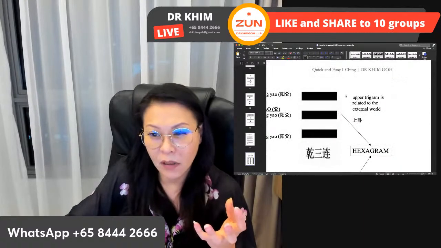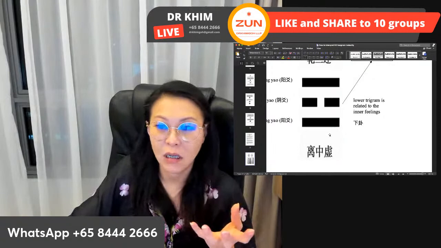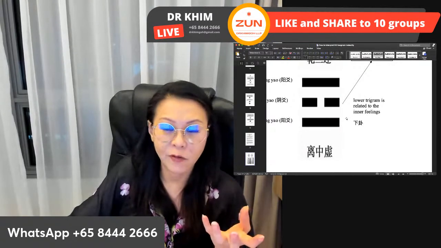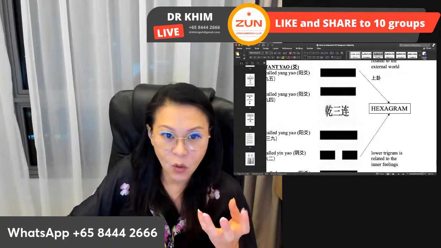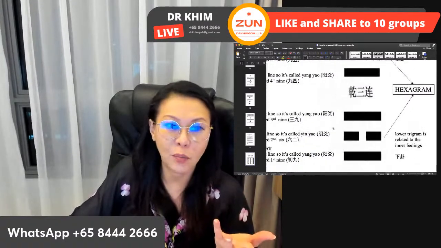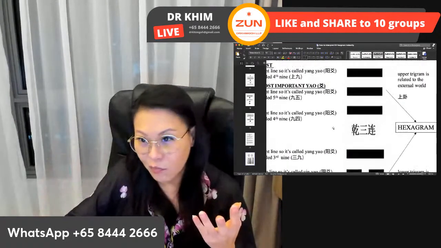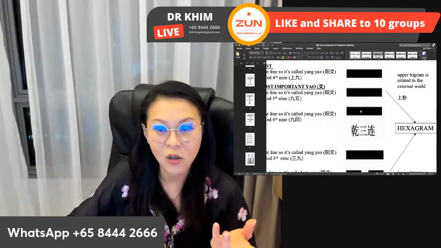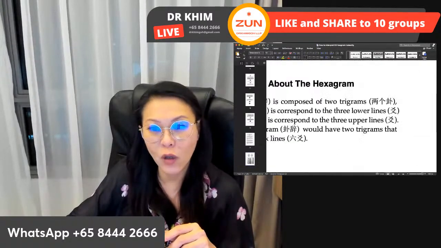Then I talk about the upper trigram and the lower trigram. What does it mean? How does it relate? So when you see a quad, 乾卦, how are you going to interpret it without memorizing? Just by looking at the lines, you will really know already. Auspicious or not, more or less you know what to do already.